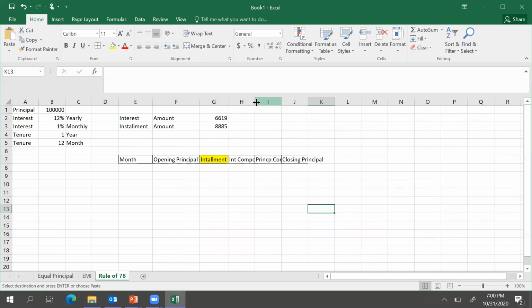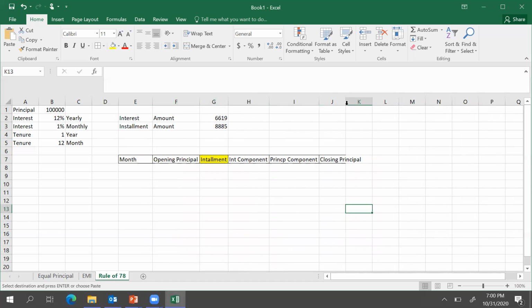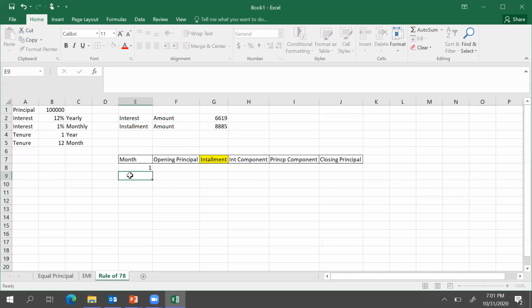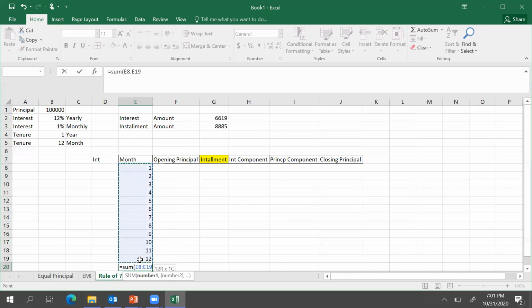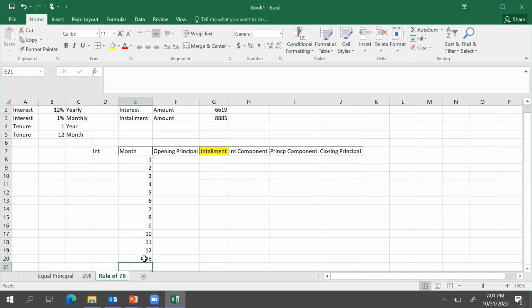What do you mean by the rule of 78? The rule of 78 means that when you sum these months, 1 to 12, it will come to 78.